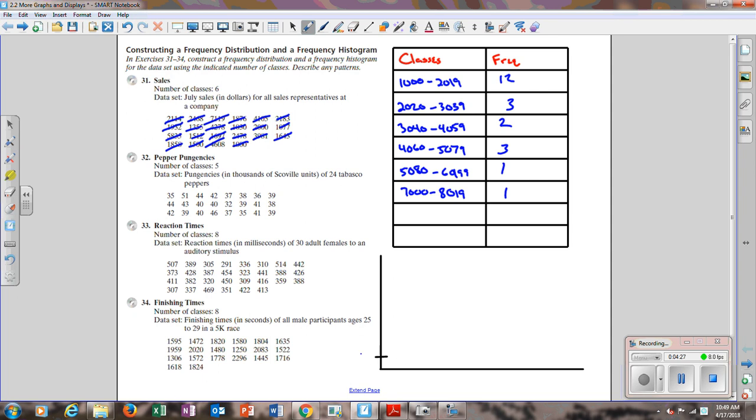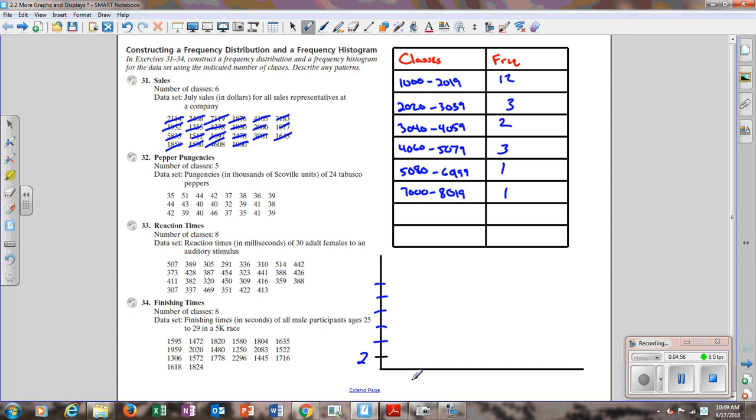Like these, I'll make them go up by 2s. 2, 4, 6, 8, 10, 12. Then I'll use the midpoints of each of these for my bottom, or my x-axis.